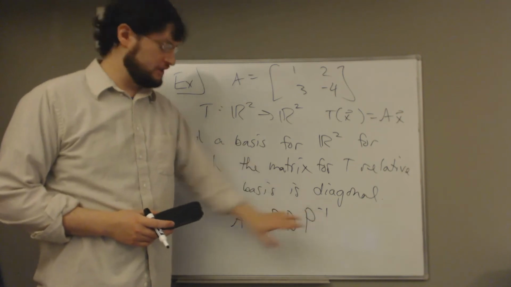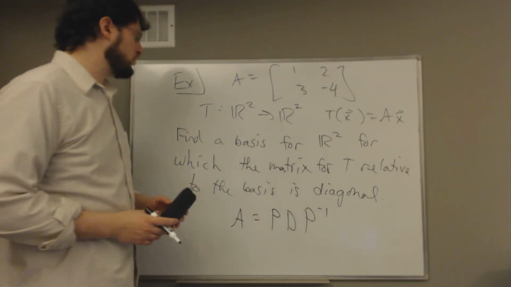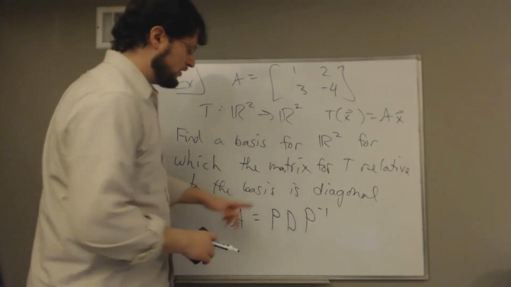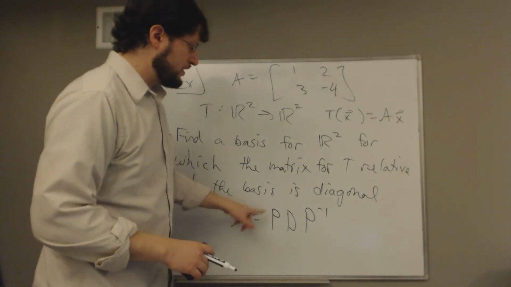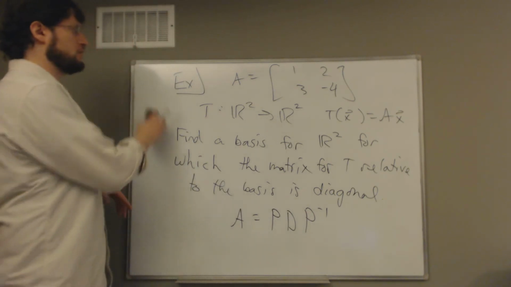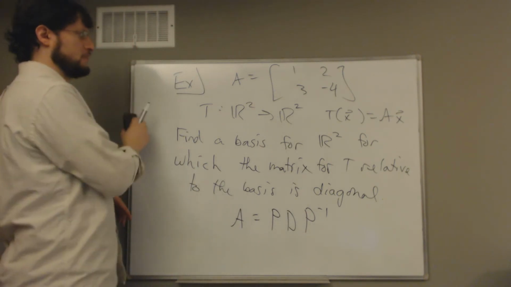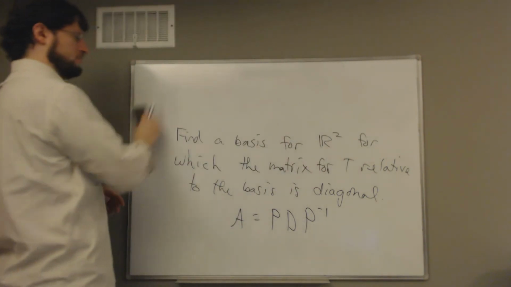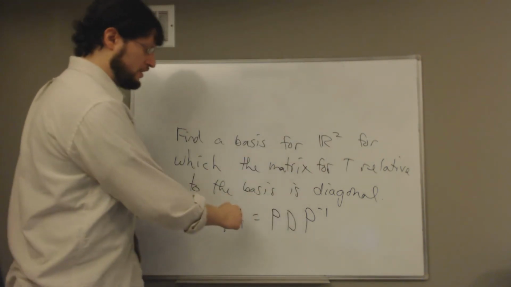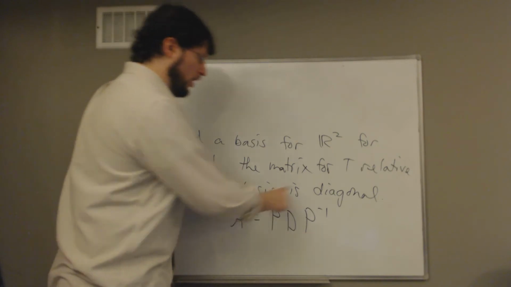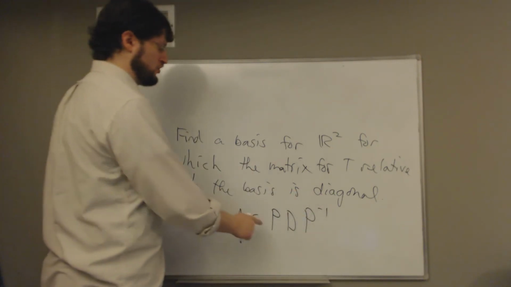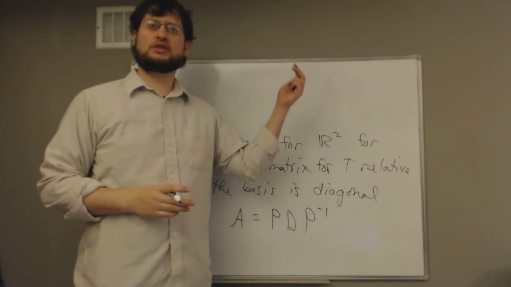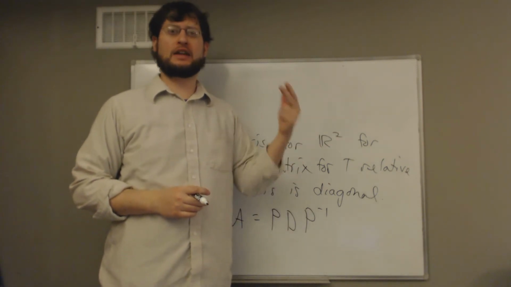If I can do this, well, what does that mean? First of all, what does this PDP inverse actually do for us? Let's think about that. Under our diagonalization procedure, remember that P is created by finding the eigenvectors.